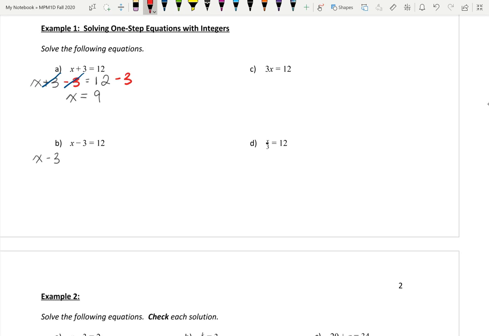And now I'm going to include a plus 3 to that side. Now, whatever I do to the left, I must also do to the right. Okay? This minus 3 and plus 3 cancel out, which leaves my x alone on the left side, which is what I want. I want that so then I can find the value of our unknown variable x, which is 15.